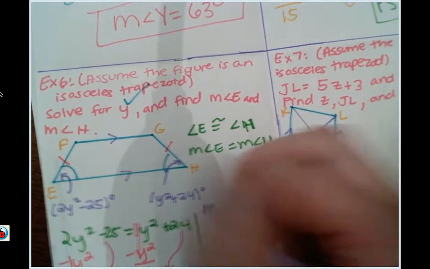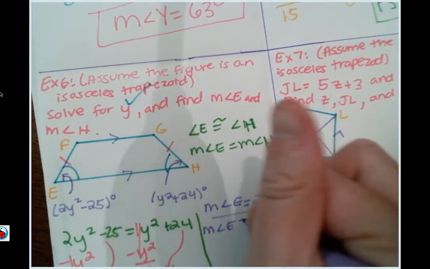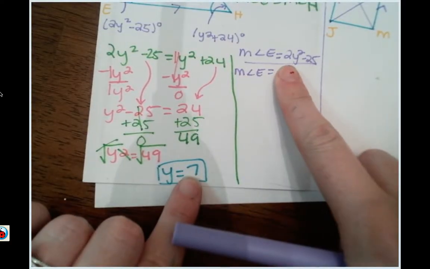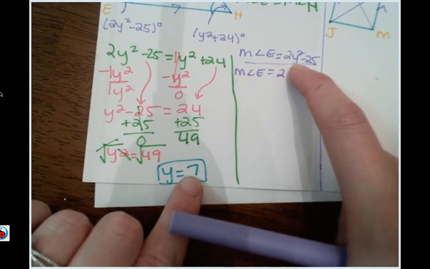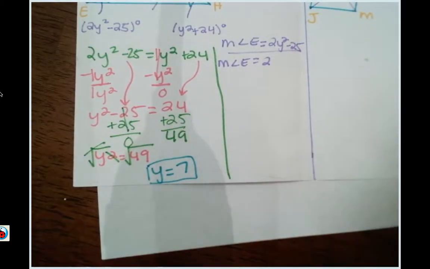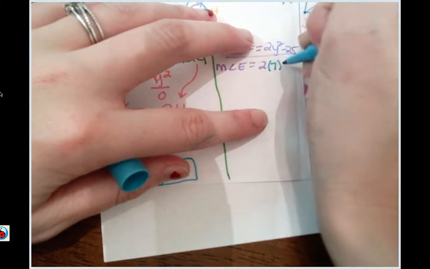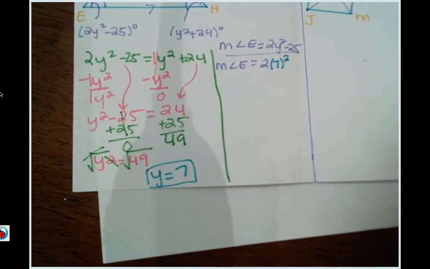The measure of angle E equals 2 times, y is 7, so I replace the y with a 7, 7 squared, and then minus 25.